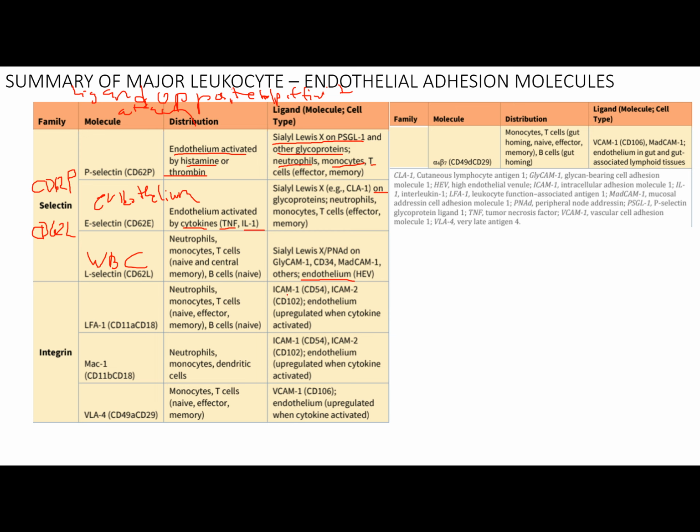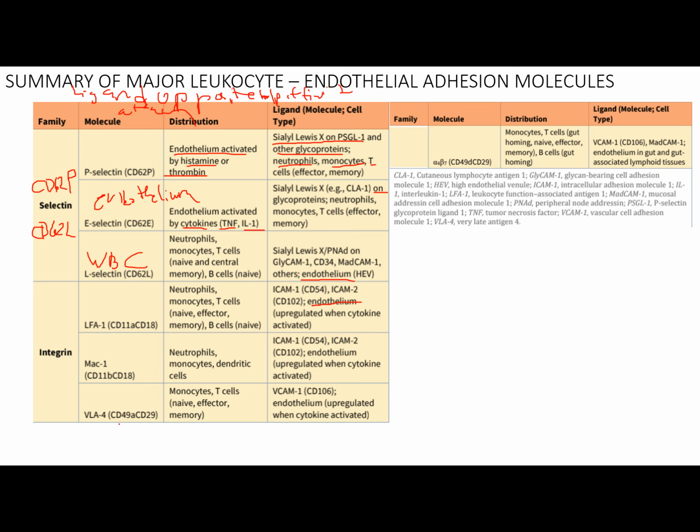Kaya ang ligand nila class ICAM-1, CD54, ICAM-2, CD102 are found in the endothelium and upregulated when cytokine activated. Then yung MAC1 naman class, they are found in neutrophil, monocyte, dendritic cell. And ang kanilang ligand is ICAM-1, CD54, ICAM-2, CD102, and they are found in the endothelium, upregulated when cytokine activated.